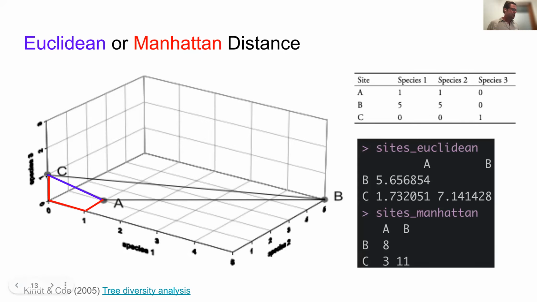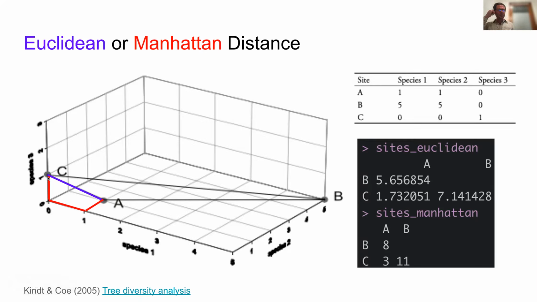But the simplest are Euclidean or Manhattan distance. Euclidean is just using the Pythagorean theorem. It's the square root of a squared plus b squared, which gives you the hypotenuse. And that's what we calculate for this distance C to A, for instance.